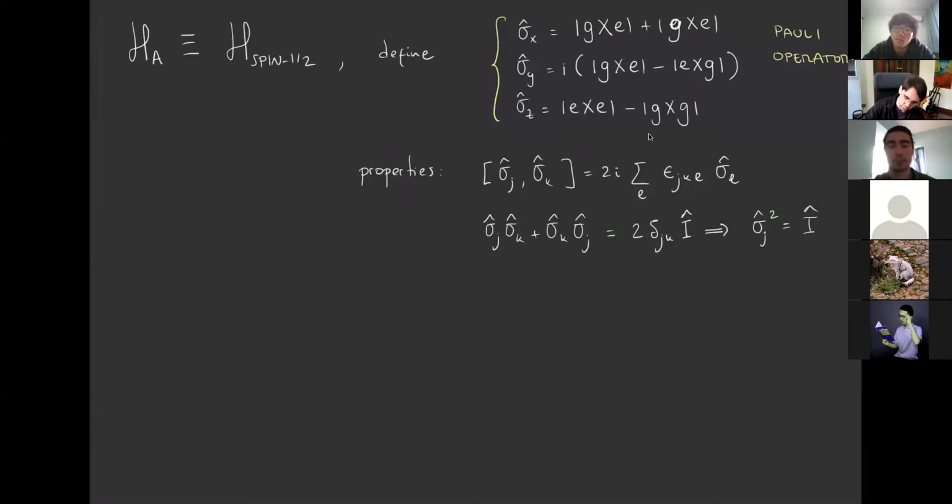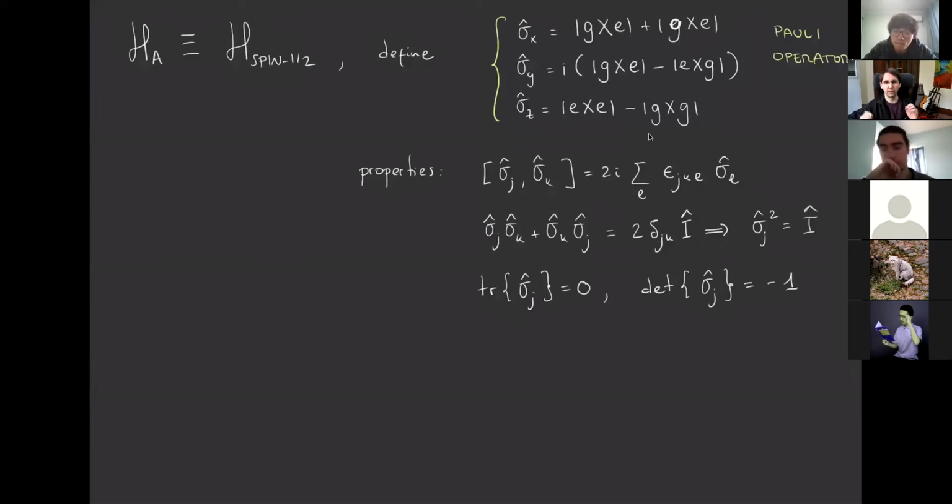What else? The next thing that is also obvious from the definition is that the trace of the Pauli operators, we will talk about the matrices in a second, is equal to 0, and that the determinant of any Pauli operator is equal to -1.